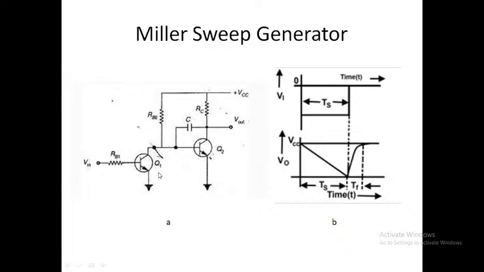In it there are two transistors, Q1 and Q2. Here you give the input signal, and here you get the output signal, and the output signal is a voltage which varies linearly with time.